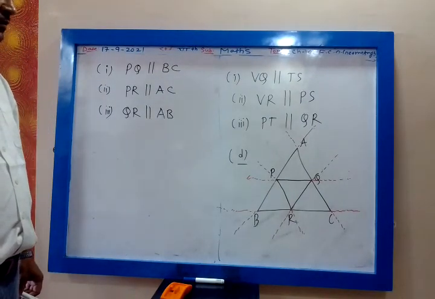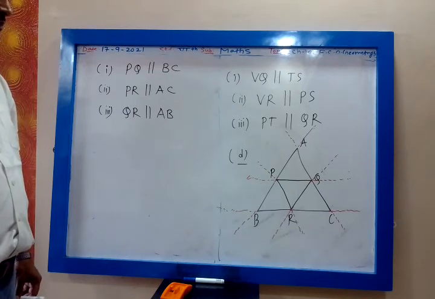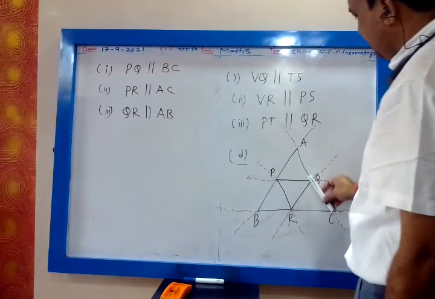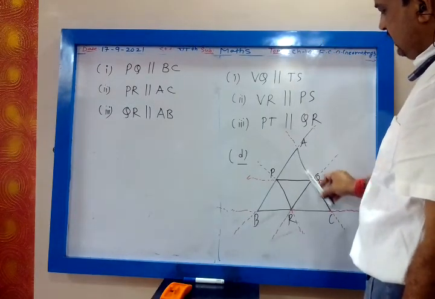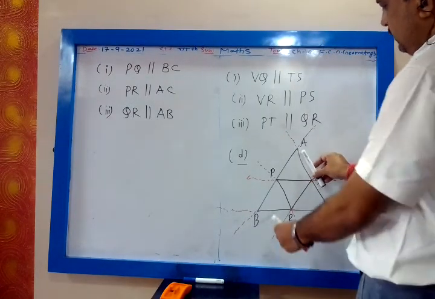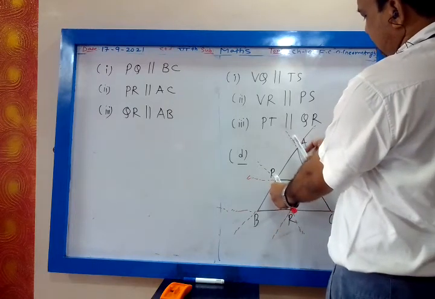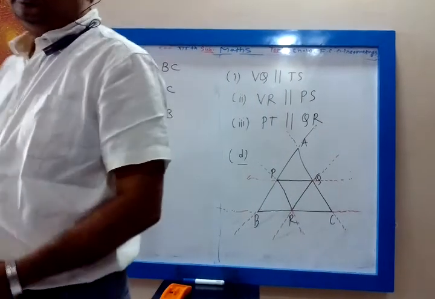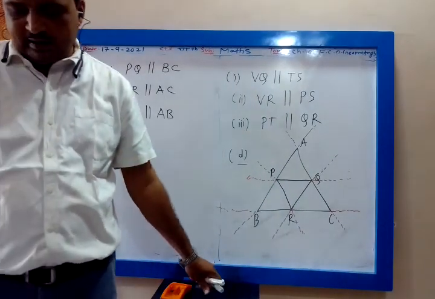We have covered everything, no? QA is the same as AC, so PR is parallel to AC. You clear? So these three are the parallel lines.